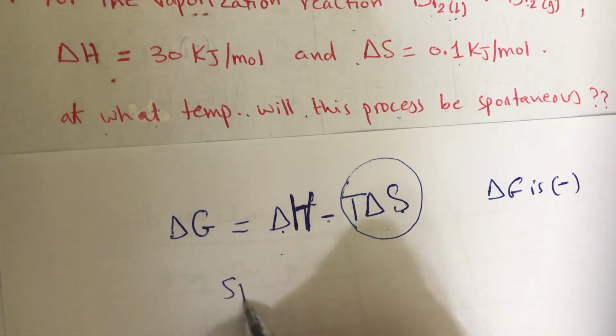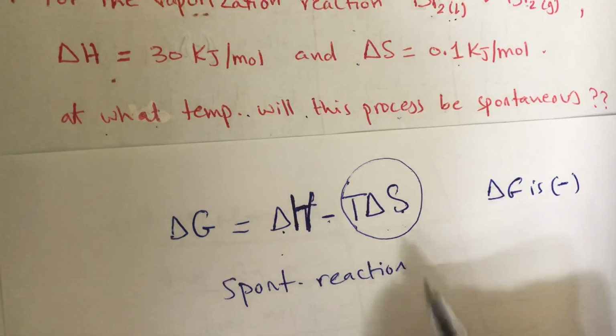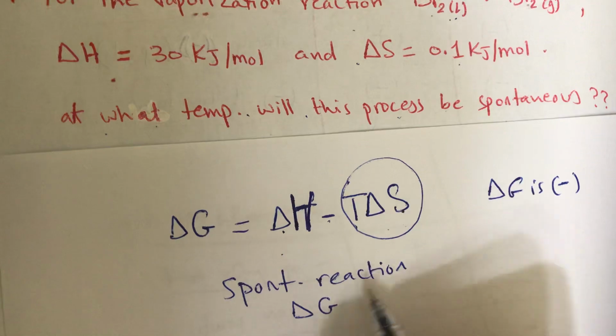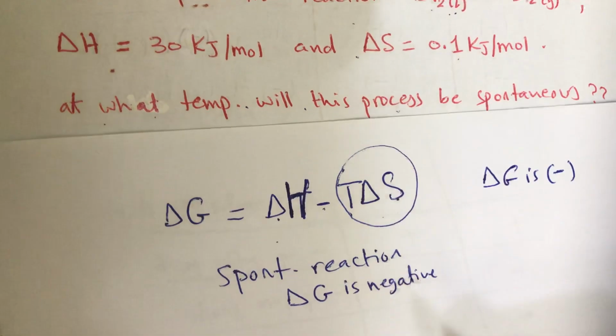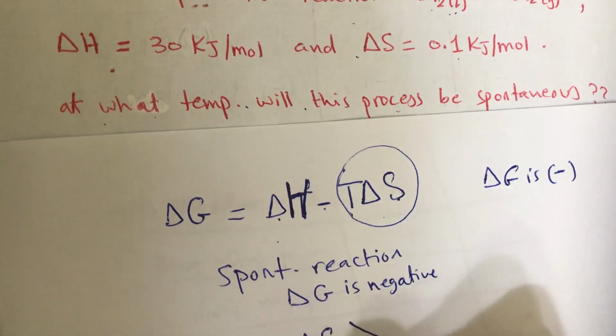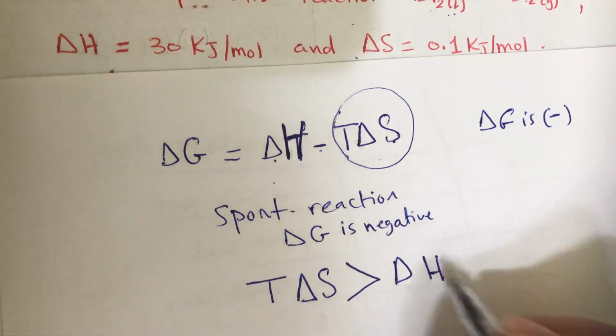So spontaneous reaction means delta G is negative when temperature times delta S is greater than delta H.